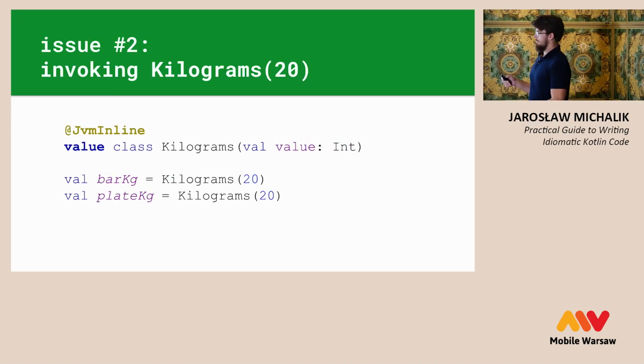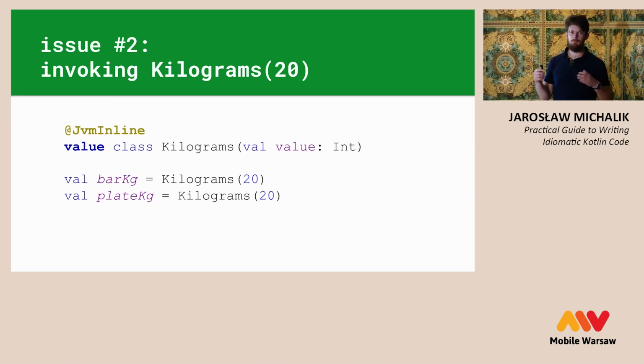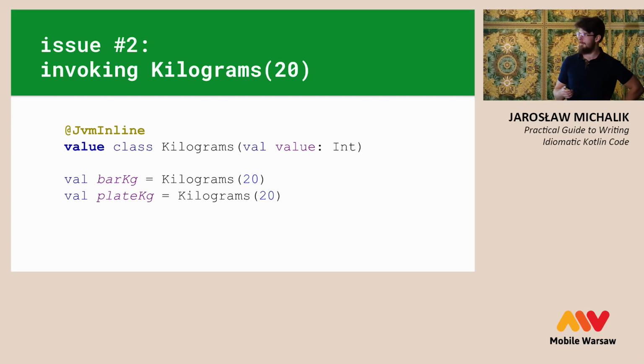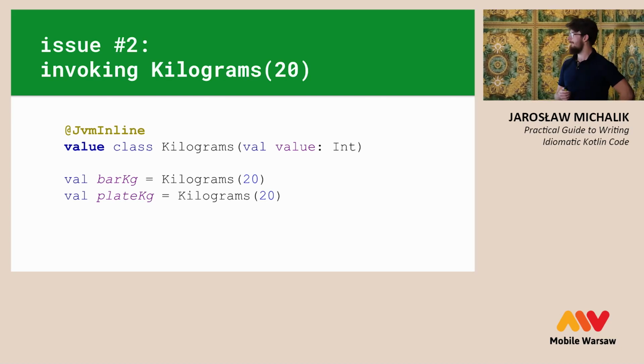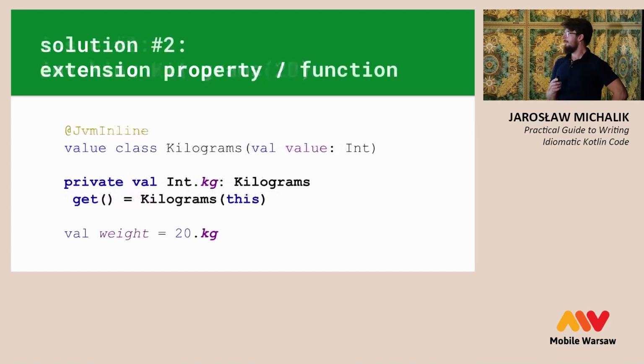Another thing, I don't like this notation, invoking the constructor. We are creating a domain-specific language at that point, so we can use another Kotlin idiom to make something nice. What kind of syntax sugar can we use here? Extension. Yeah, extension property.